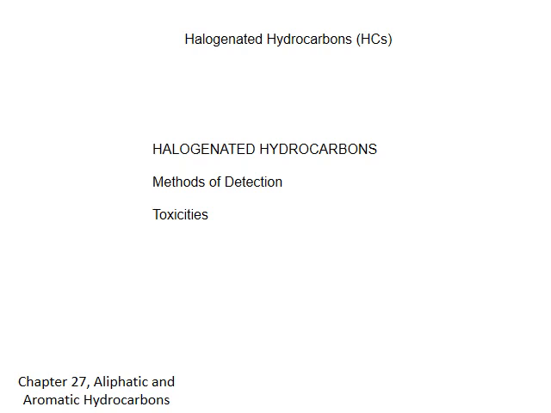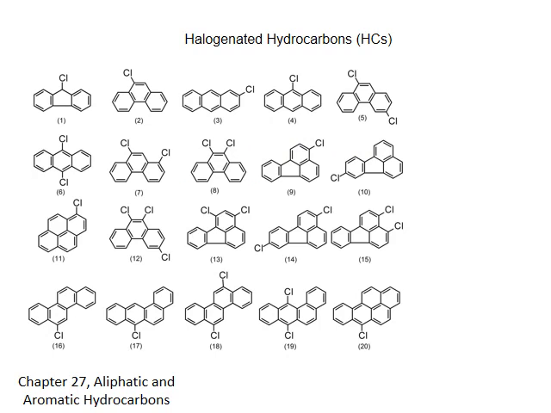Okay, so that's basically all we're going to talk about when it comes to the methods of detection. Now we're going to talk about the composition of the halogenated hydrocarbons and their toxicities. This slide contains many structures of hydrocarbons that contain a halogen substitution. In particular, here we've either got one chloro group or two chloro groups on the various polycyclic aromatic hydrocarbons.